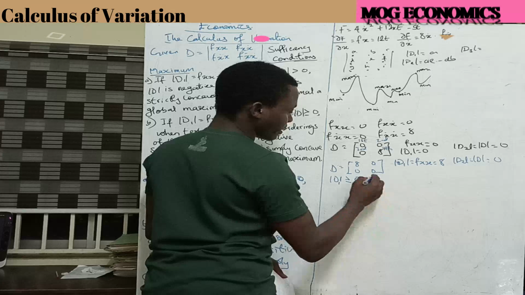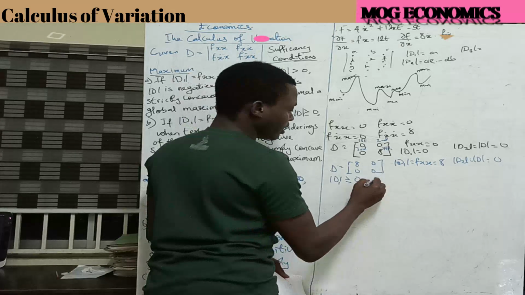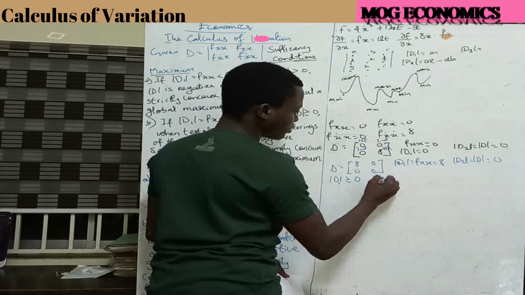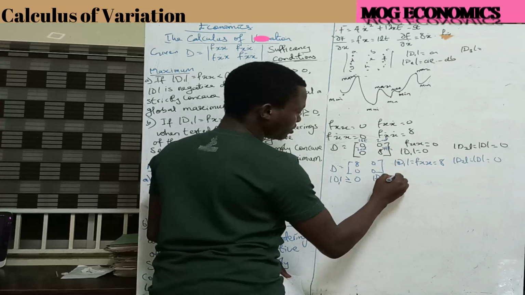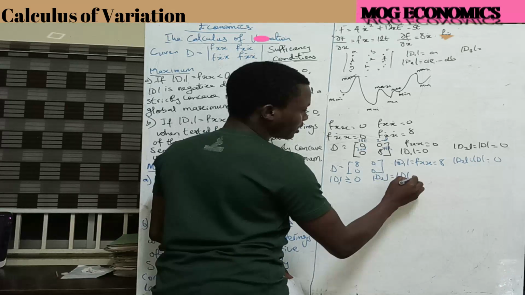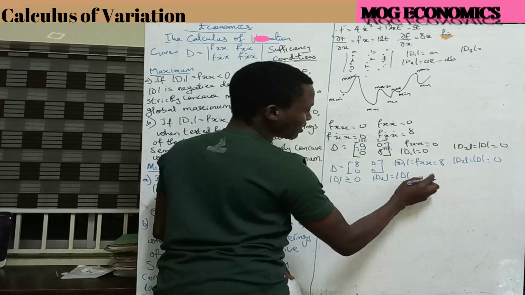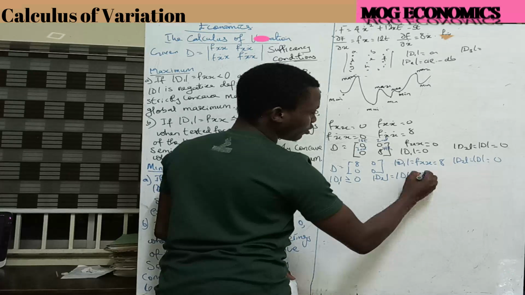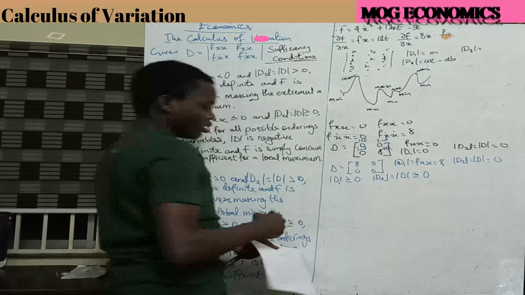Then the other one, d2 equals the determinant is 0 there, but we write it as greater or equal to 0. So that's how we're going to write.